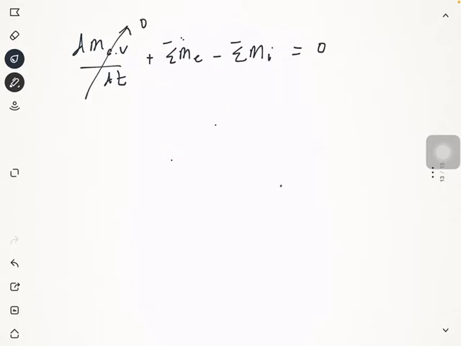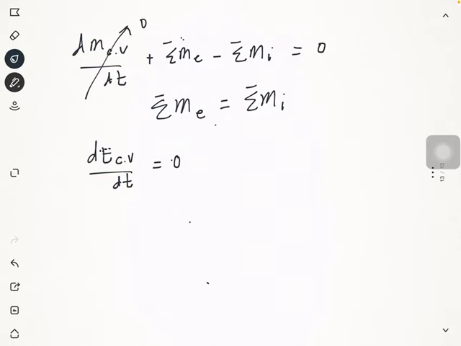Therefore the summation of mass leaving the control volume is equal to the mass entering the control volume. This is the condition for the steady state, and the energy of our control volume with respect to time, by definition, is also 0.